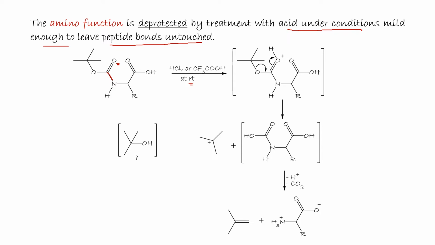Once that is formed, it dissociates to give the tertiary butyl cation and carbamic acid, which loses CO2 to give the amino acid, and the tertiary butyl cation will lose hydrogen to form isobutene. The formation of tertiary butanol, if you have moisture in the medium, might occur just as a byproduct.